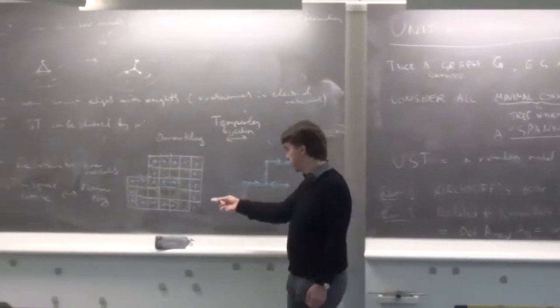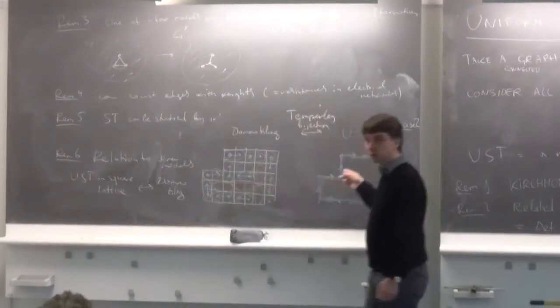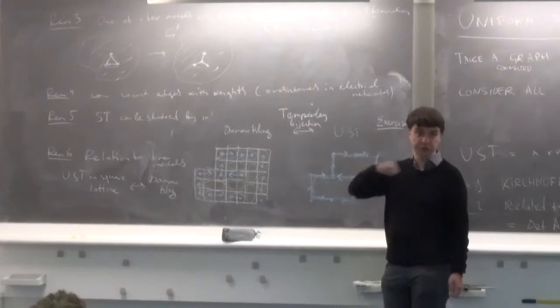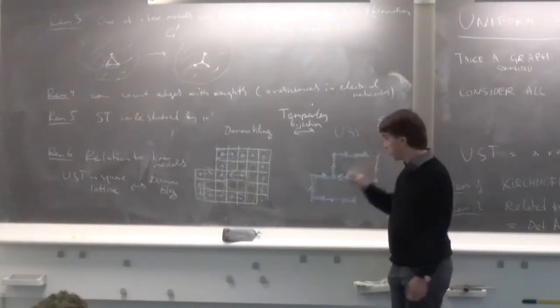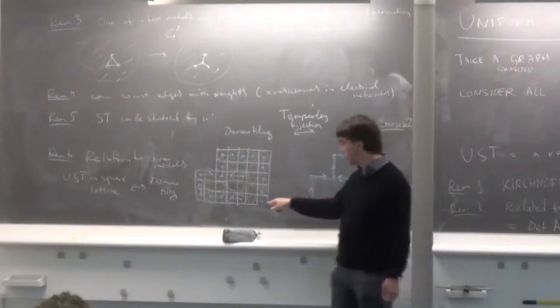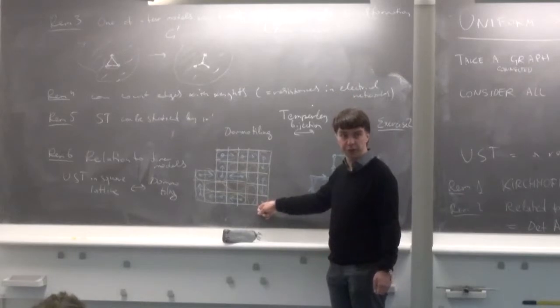What happens here, you have to check that you get a tree when you draw these arrows. What is a possible obstruction to not getting a tree is that you get a cycle. Because the number of edges you draw is exactly one less than the number of vertices, because there is one vertex where you don't draw an edge.